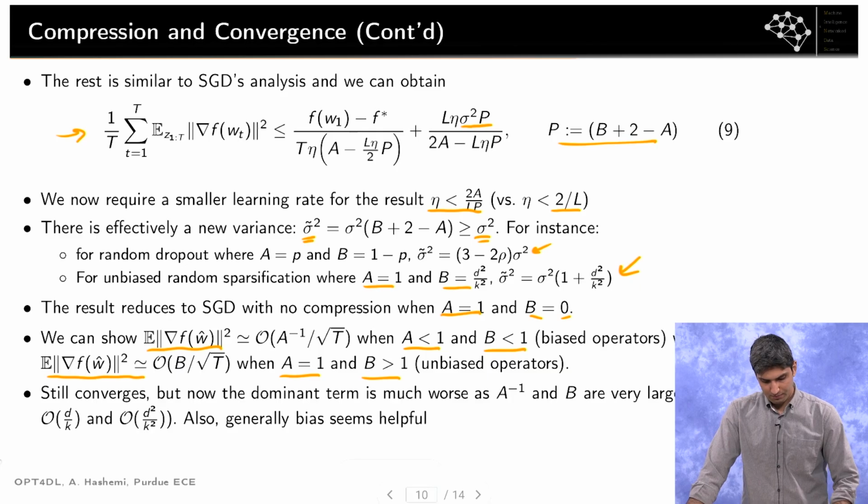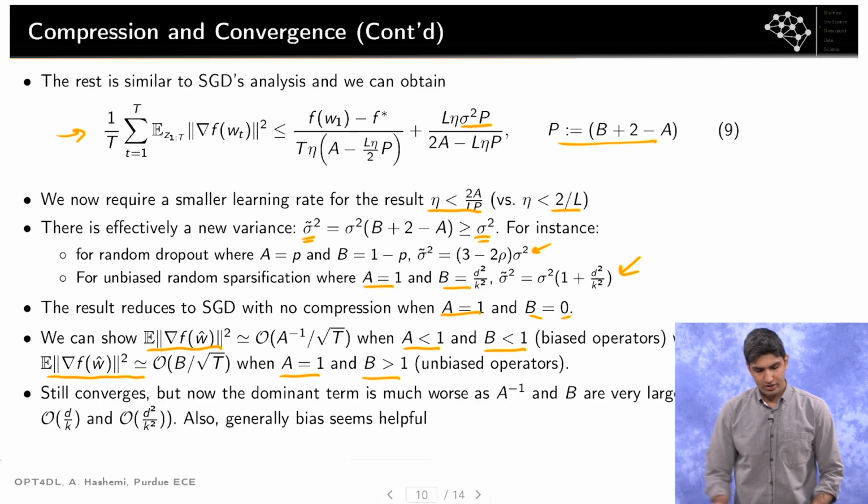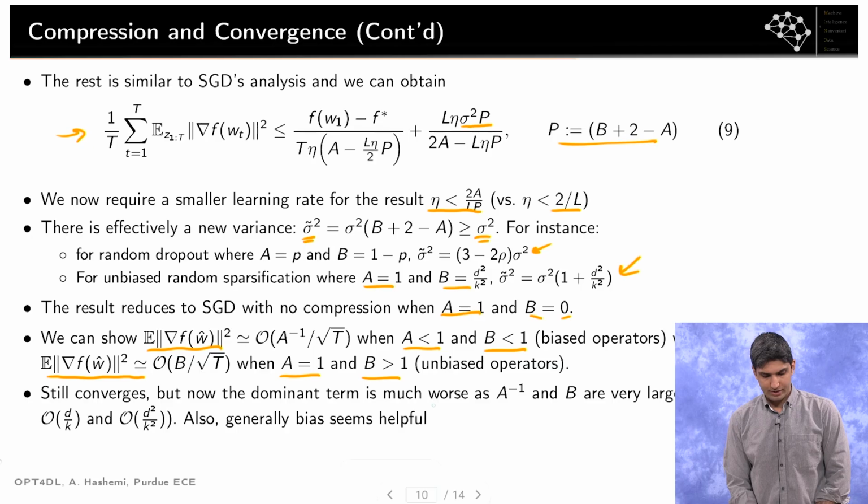Another takeaway is that given that A inverse is typically significantly smaller than B, biased compression mechanisms are advantageous compared to the unbiased ones. But the catch here is that now the dominant term, which is basically 1 over the square root of t, is much worse because it depends on A inverse or B.